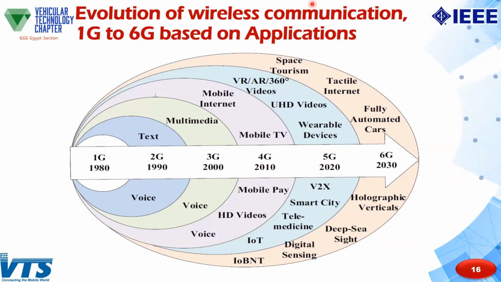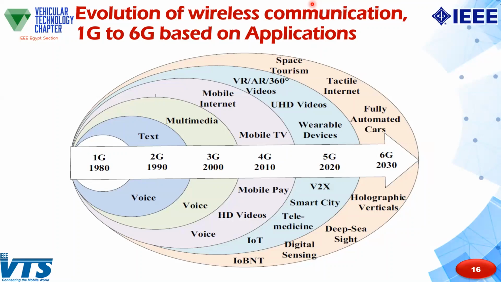In 4G, we have mobile TV, mobile internet, mobile ePay systems, HD video transmission, as well as the existing voice communication. In the 5th generation, we have ultra high definition video, wearable devices, vehicle to X or vehicle to everything, smart city, telemedicine, and IoT.